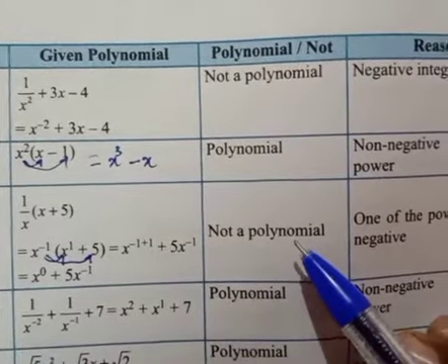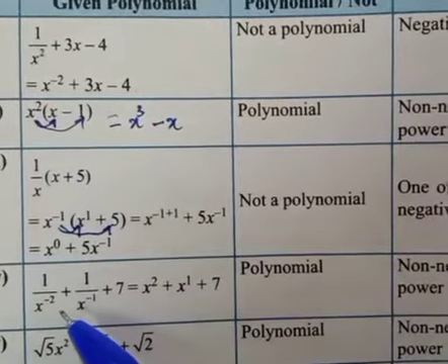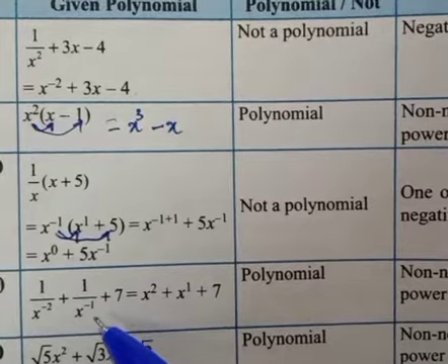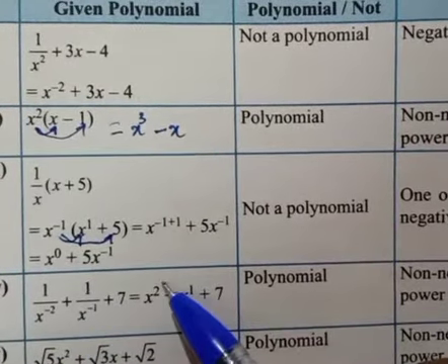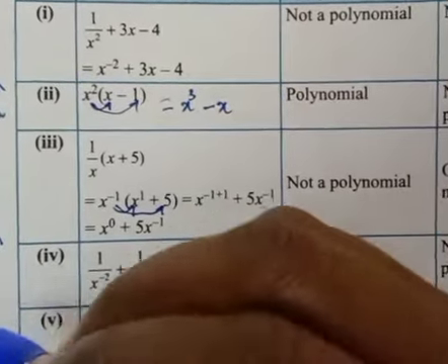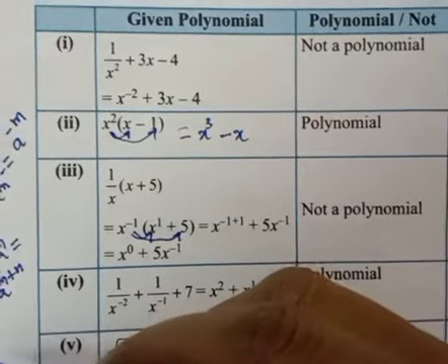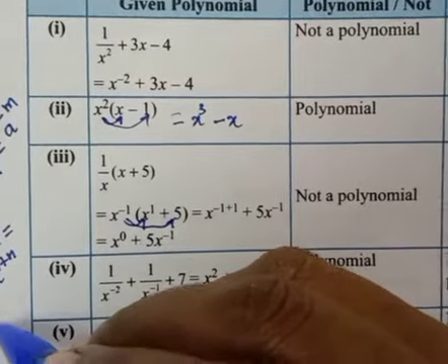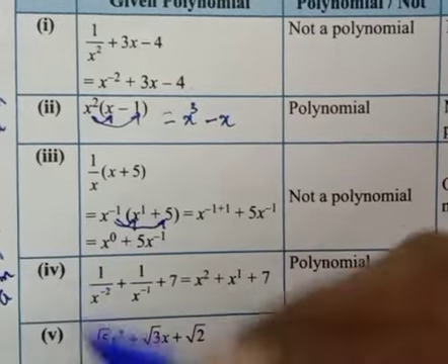Okay, students? Yes? Okay. Next, fourth question, 1 by x power minus 2 plus 1 by x power minus 1 plus 7. It is written as x square. This is written as x power 1. For this, what is the formula? 1 by a power minus m is equal to a power m.